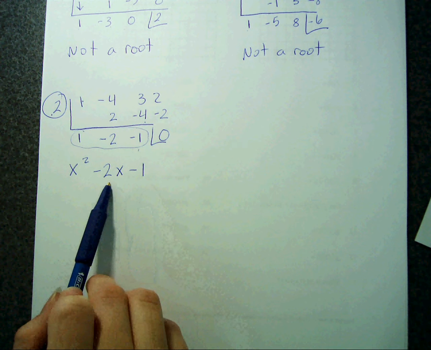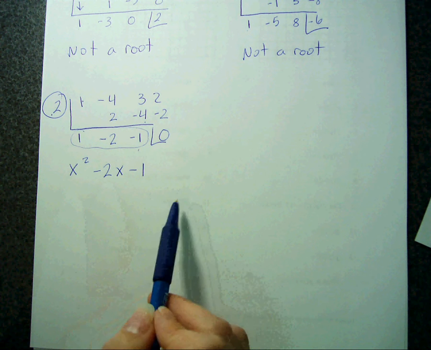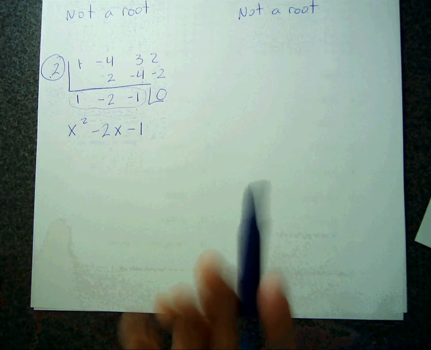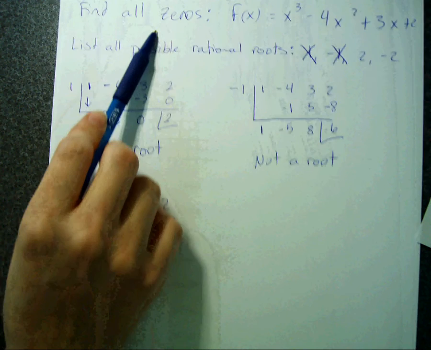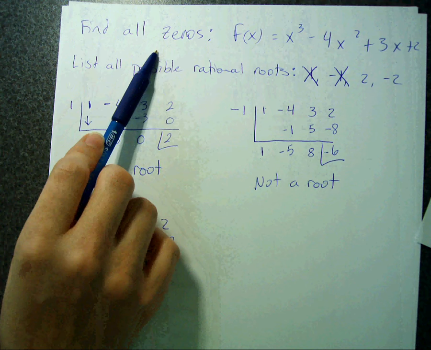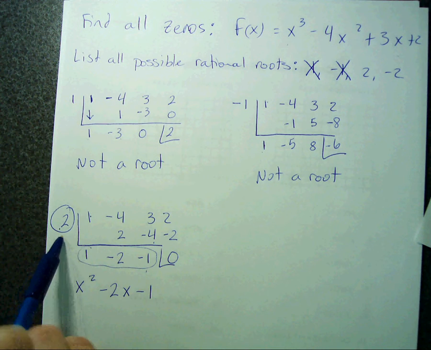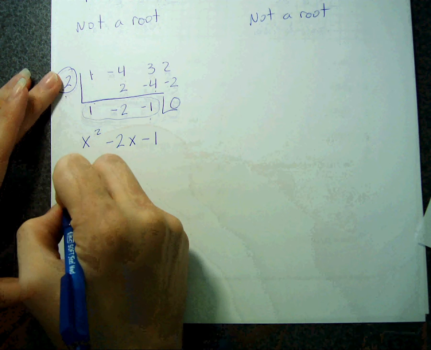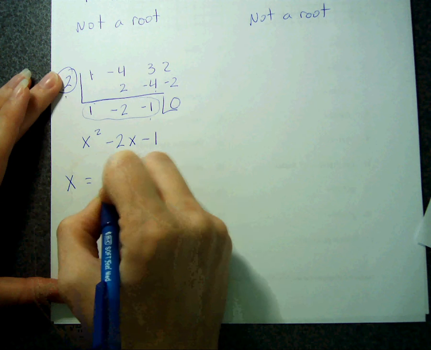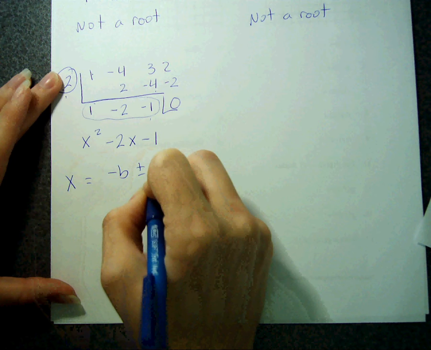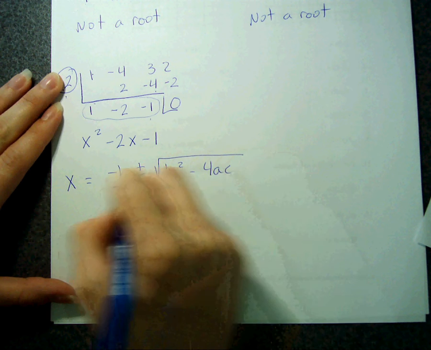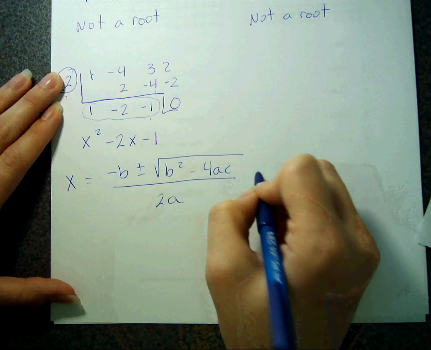So this is not factorable, so I'm going to use quadratic formula to find my other roots, because that is what our main goal was, to find all the roots. I have one of them, it's a 2, and now I want to find the others. So I have quadratic formula, x equals negative b plus or minus the square root of b squared minus 4ac, all over 2a.